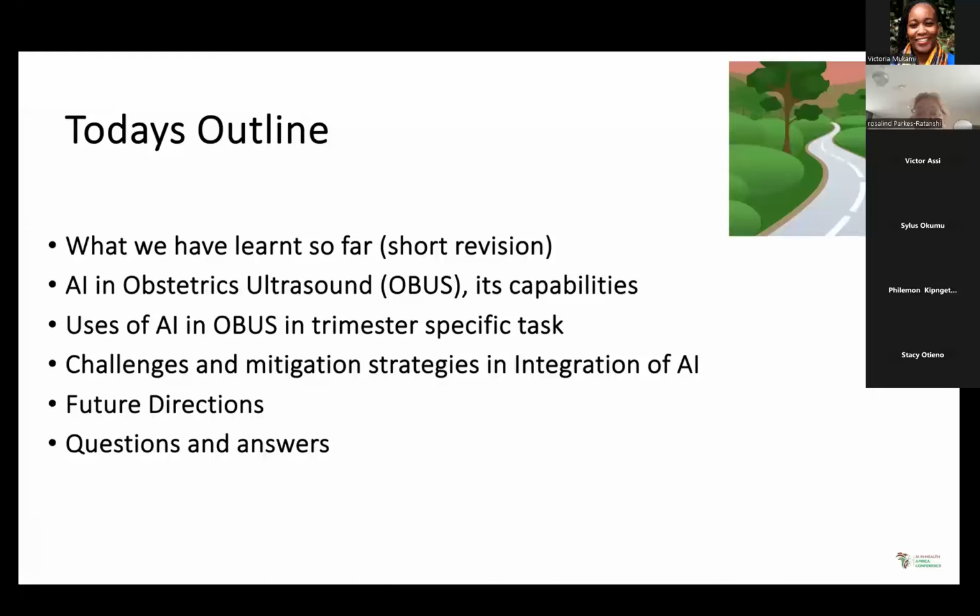Today I'll be talking about artificial intelligence in obstetric ultrasound and its capabilities and uses in trimester specific tasks, challenges and mitigation strategies in integration of artificial intelligence, and future directions.